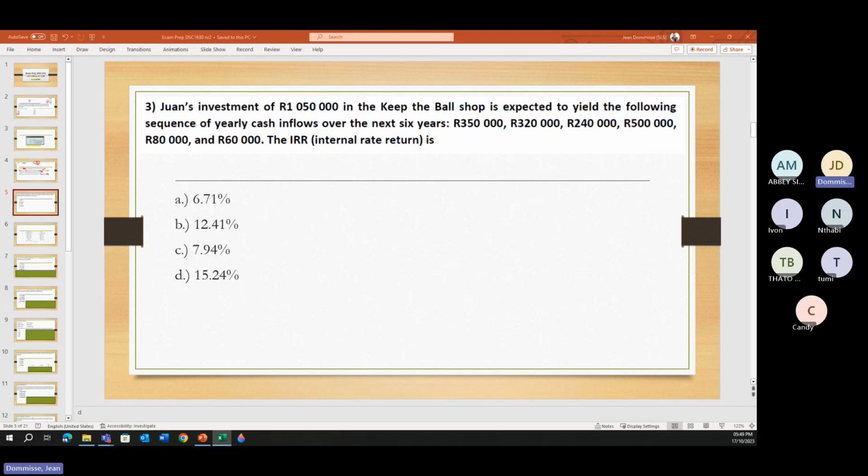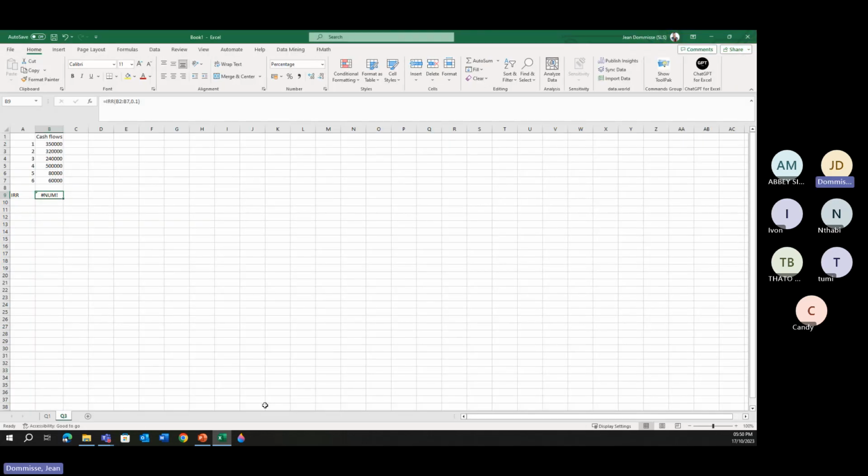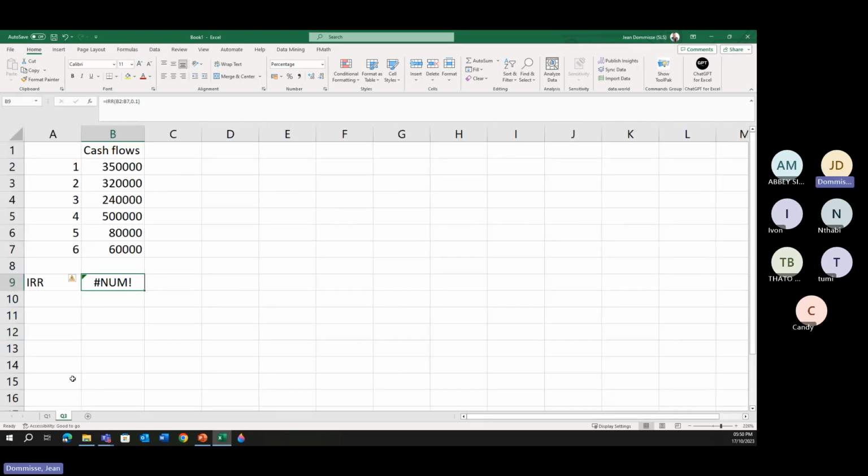That's 350,000, 320,000, 240,000. Let me quickly show you guys on Excel what I'm busy with, and so I just want to check why this isn't working.